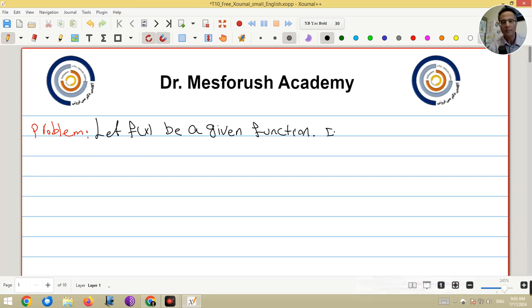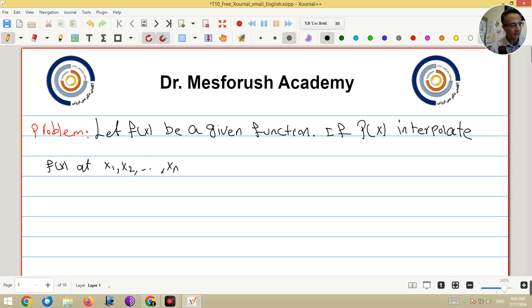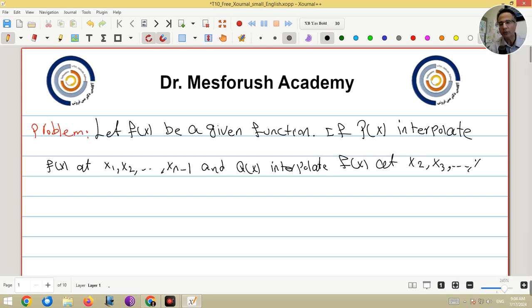If p of x interpolates f of x at x1, x2, up to x n minus 1, and q of x interpolates f of x at x2, x3, up to xn.